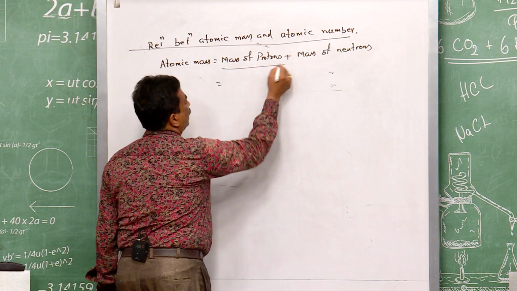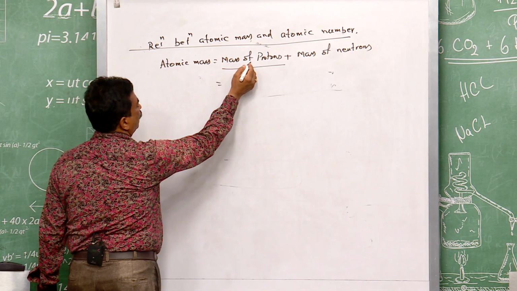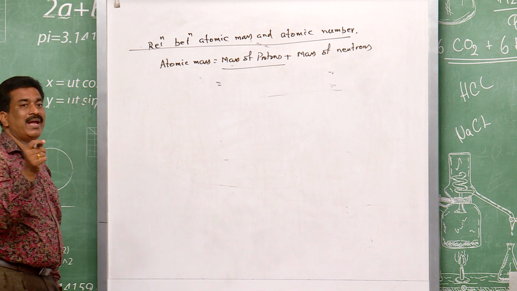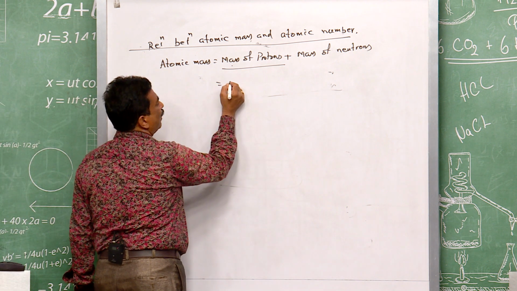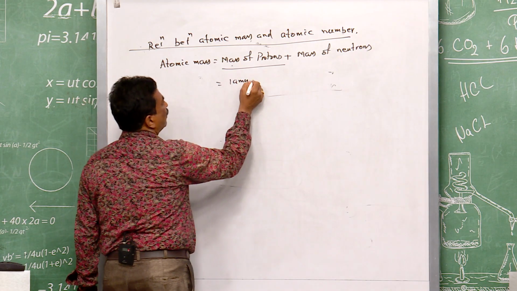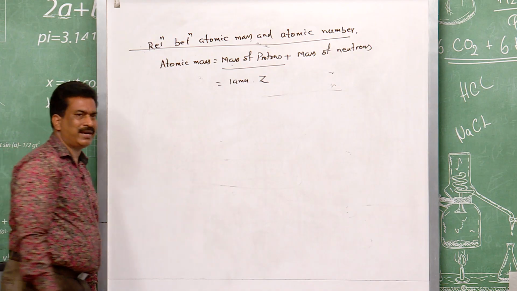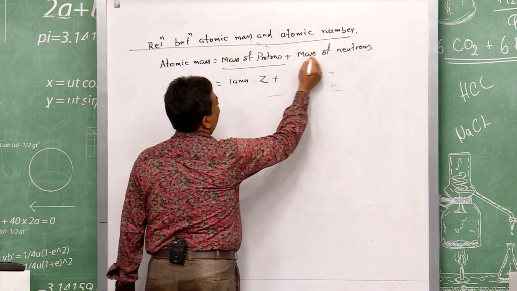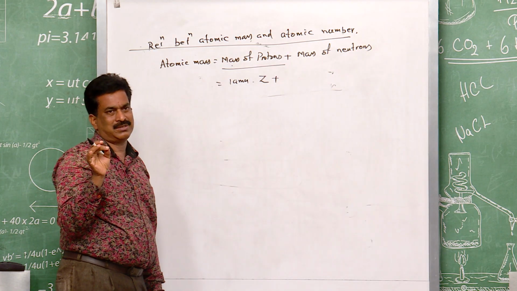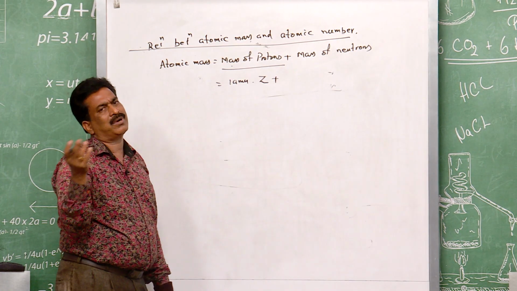So the mass of the proton means the number of protons into the mass of a proton. The mass of a proton we have taken as approximately 1 AMU, and the number of protons is represented by Z, as we have taken. Mass of the neutrons means the number of neutrons into the mass of a neutron.